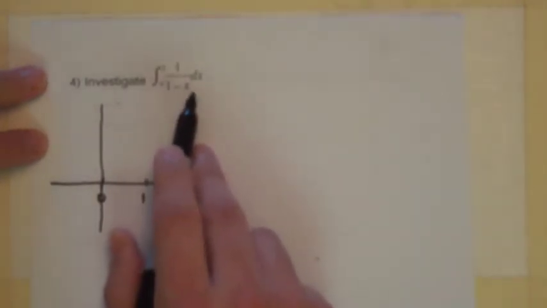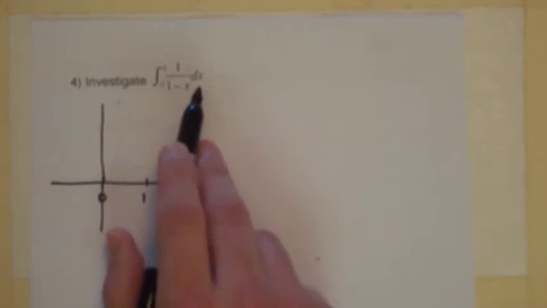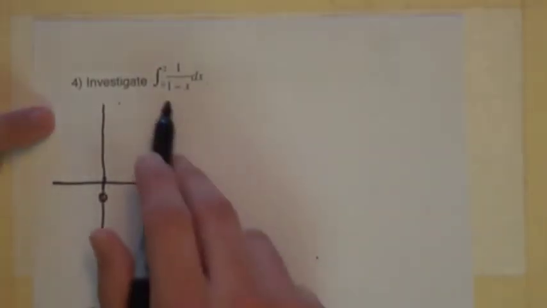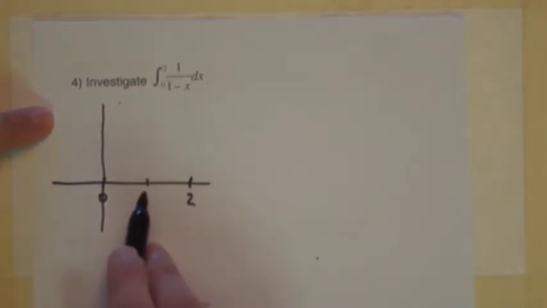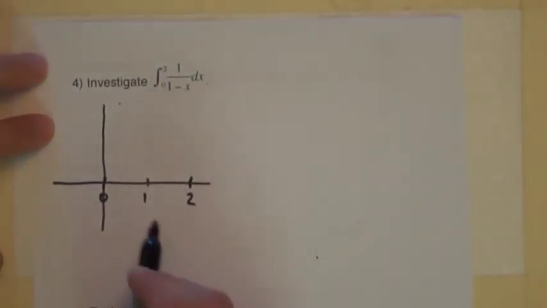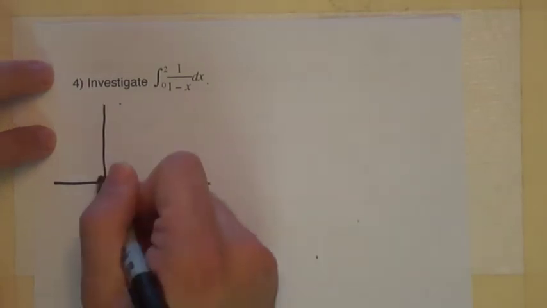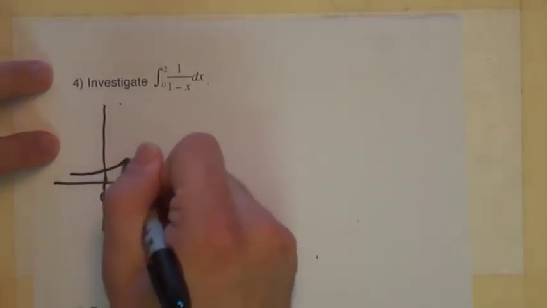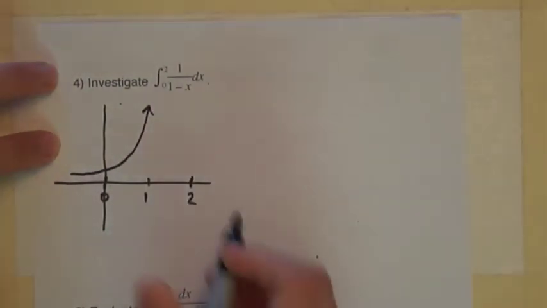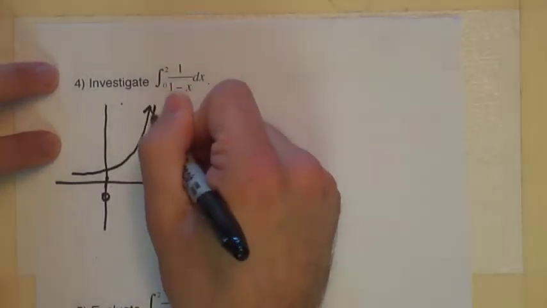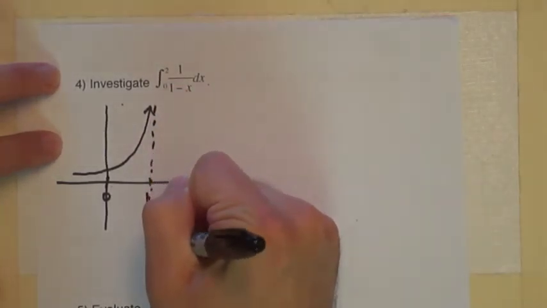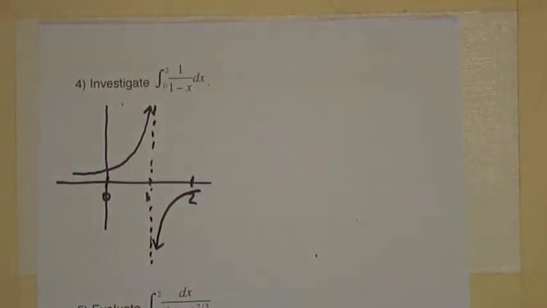It would be 1 divided by 0. So there's actually going to be a vertical asymptote here at 1, and if you think about which way the graph moves around the vertical asymptote, it's going to move sort of up on the left and down on the right. And again, if you're not sure about that, it might be helpful to review your graphing skills.